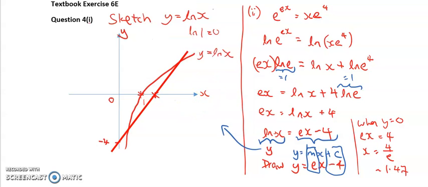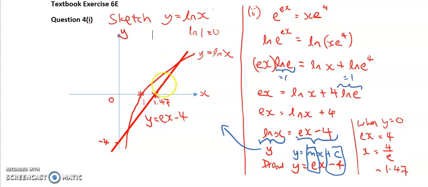So this is our part 2 sketch, y equals x minus 4, and you can label the x-axis intercept. To answer the question in part 2, the question actually asks how many solutions there are. You are not expected to find the solution from a sketch like this. You're just supposed to identify how many solutions.